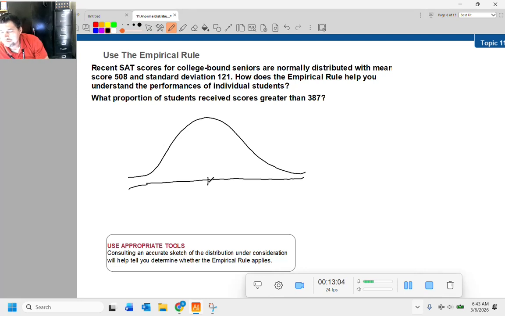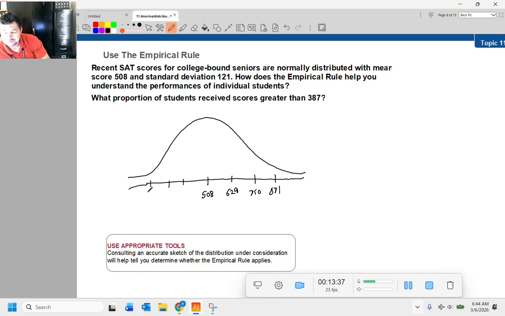Let's see, we have a mean or a mu of 508, standard deviation of 121, so I'm going to have to do some adding here. So that's going to be 629. I'm going to add 121 again. It's going to be 750. I'm going to add 121 again. It's going to be what, 871? And then I'm going to work my way to the left. Remember, you just do this 3 times. So what am I taking away here? 121? That's a little harder to do.